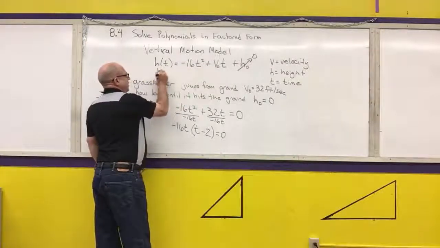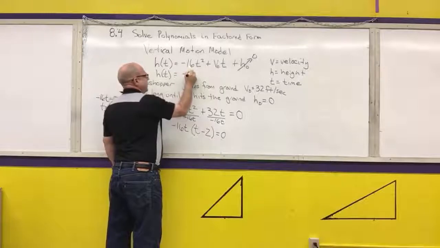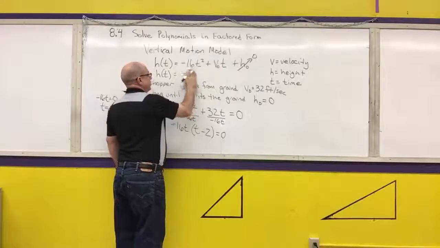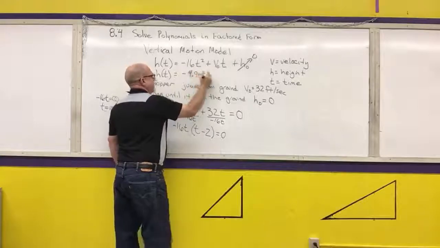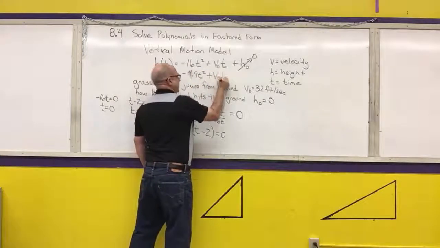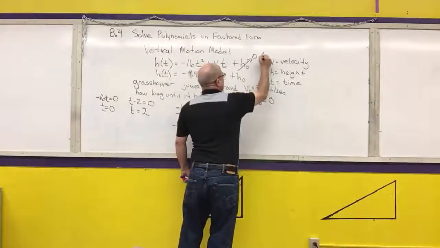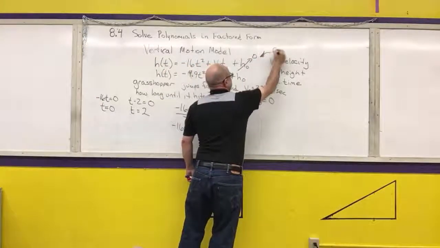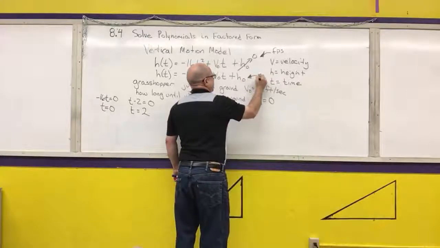If you want the vertical motion model in meters per second, it's negative 4.9 t squared plus initial velocity times time plus initial height. So the top one is in feet per second, and the bottom one is in meters per second.